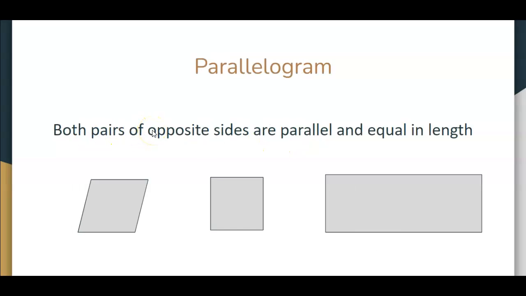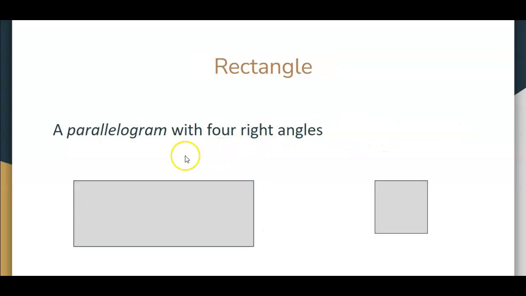A parallelogram says both pairs of sides are parallel and equal. So both pairs have to be parallel and they have to be equal length. Plus, in order to be a rectangle, it has to have four right angles.